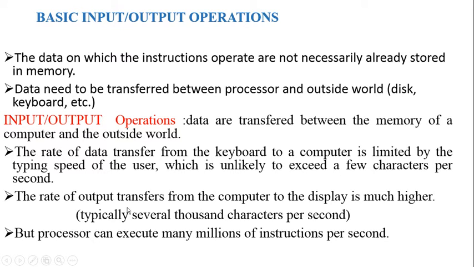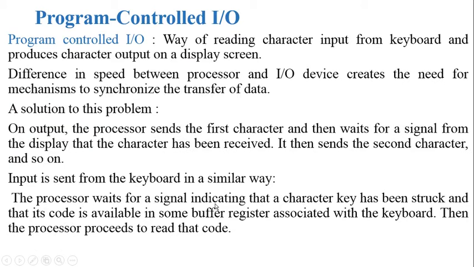That means a data transfer from the processor to the display screen can transfer several thousands of characters per second, which is somewhat higher than that of an input data transfer. But the processor can execute many millions of instructions per second, so the processing speed is very high compared to these two cases.